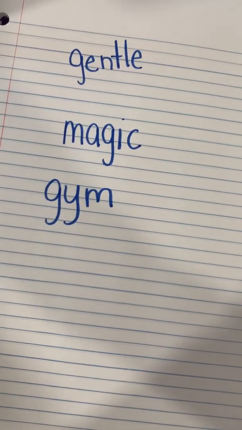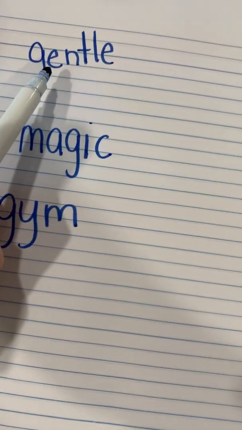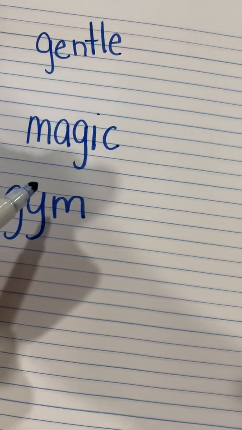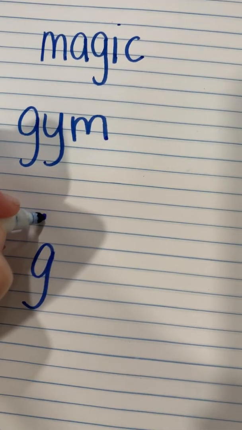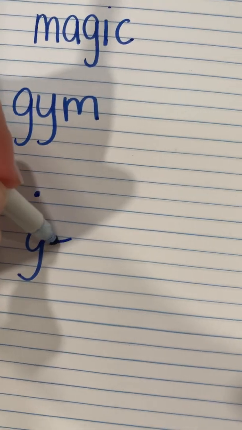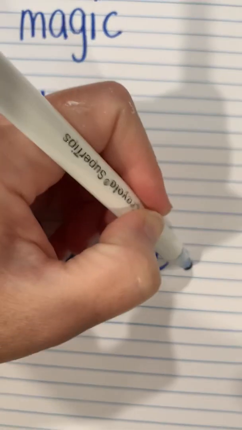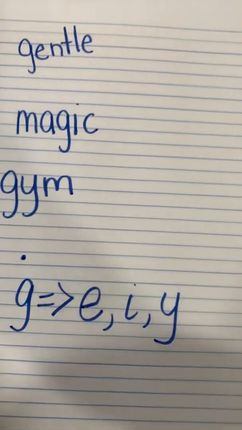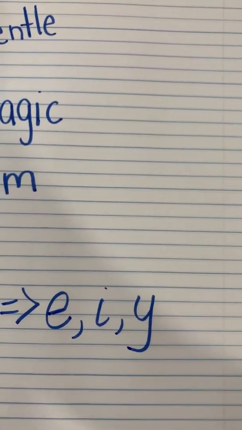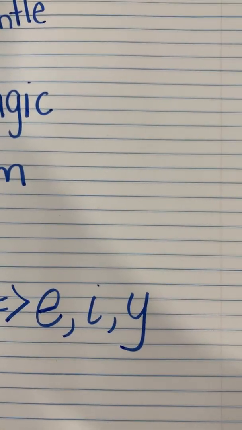Typically, the G makes the J sound when it's followed by an E, an I, or a Y. So let's look at that. G is soft. That means it makes the J sound when it's followed by an E, an I, or a Y. Okay?